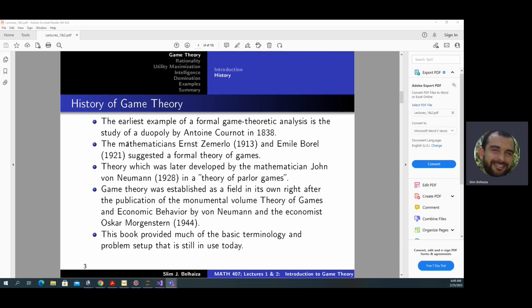And this theory was developed later by John von Neumann, 1928, in the famous theory of parlor games. Game theory was, in fact, established as a field on its own after the publication of the monumental volume Theory of Games and Economic Behavior by John von Neumann and the economist Oscar Morgenstern in 1944. And in fact, this book still provides much of the basic technology, which is still in use today.